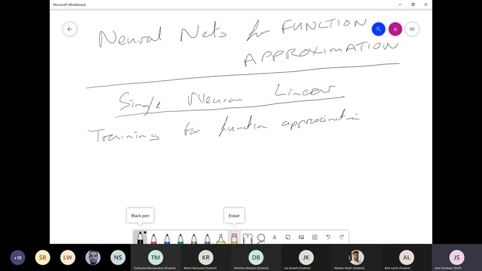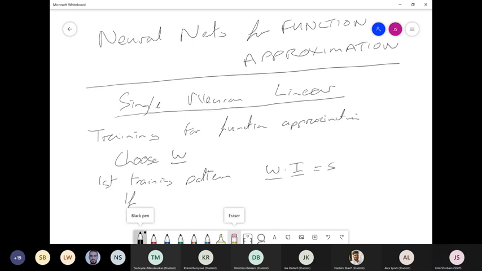It's similar to the error correction feedback, but it differs in one important respect. First of all, choose W, a random starting weight. First training pattern. Calculate W dot I, the scalar product. And that equals S. Right.